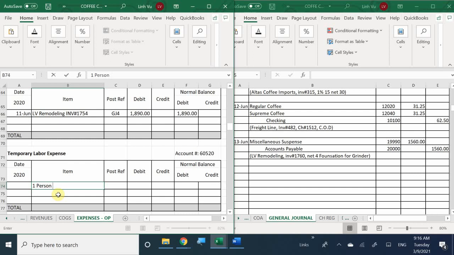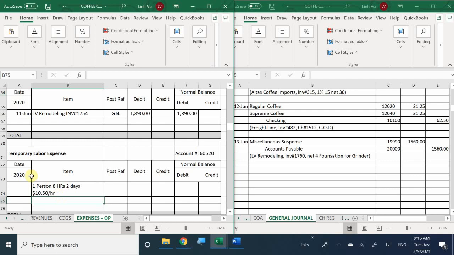Actually, they're working 8 hours for 2 days at $10.50 per hour. Don't put the due date yet because we haven't received the bill yet, but keep this in mind: you're hiring one person to work 8 hours for 2 days at $10.50 per hour.